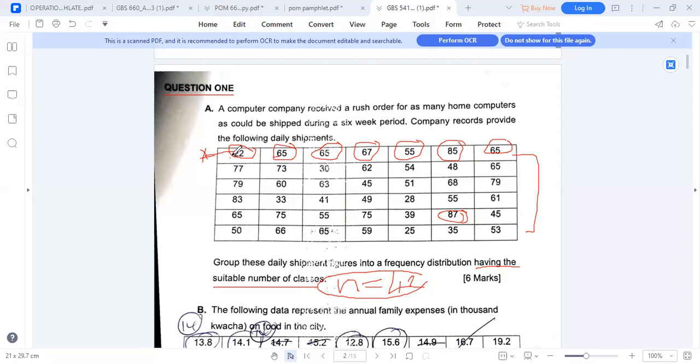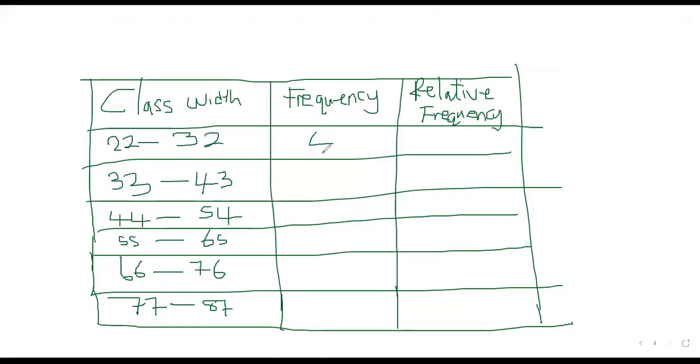Okay, so from here, we can clearly see that we have this one, then this other one here, this one here, and then this one here. So you can see that there are 4. And the frequency is 4. So this is how we are getting them.